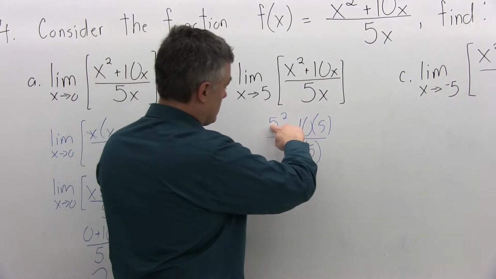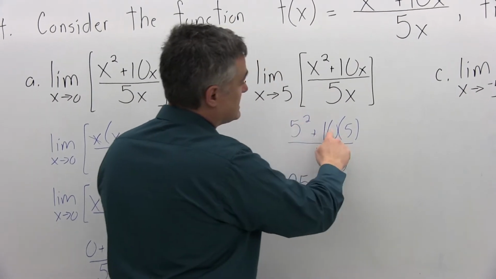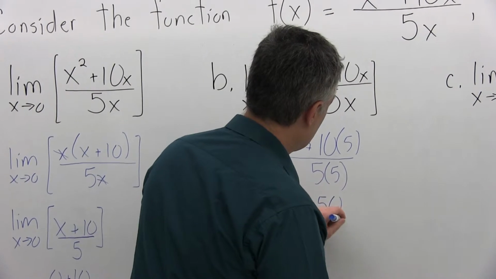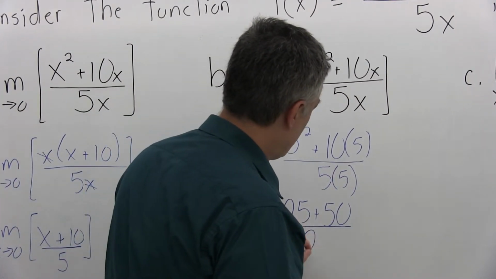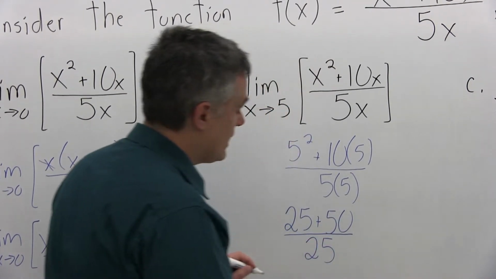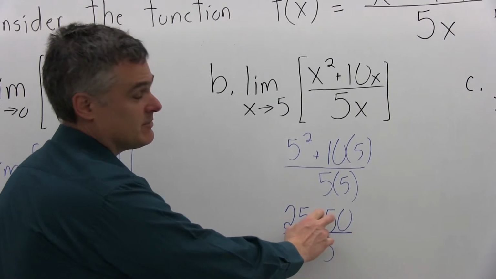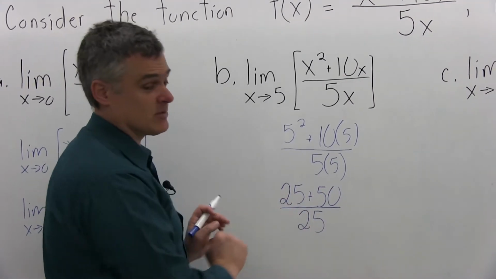And now I'll simplify the math. The 5 squared that I started with, 5 times 5 is 25, plus 10 times 5. 10 times 5 is 50. In the denominator, 5 times 5 is 25. Now again, you cannot cancel 25 on the top, 25 on the bottom, because it's a plus in between on the top. If it was 25 times 50 on the top, you could cancel the 25s.